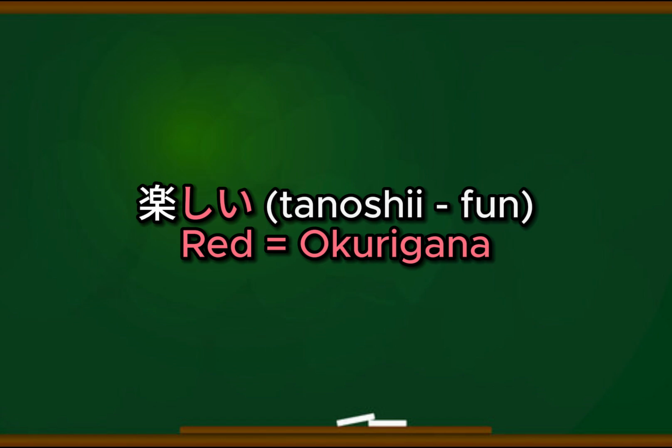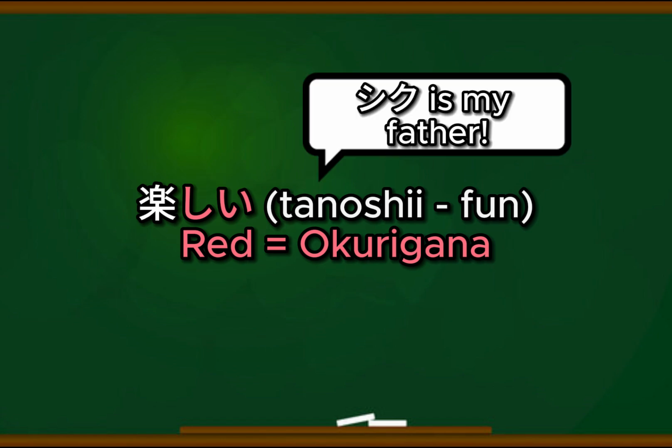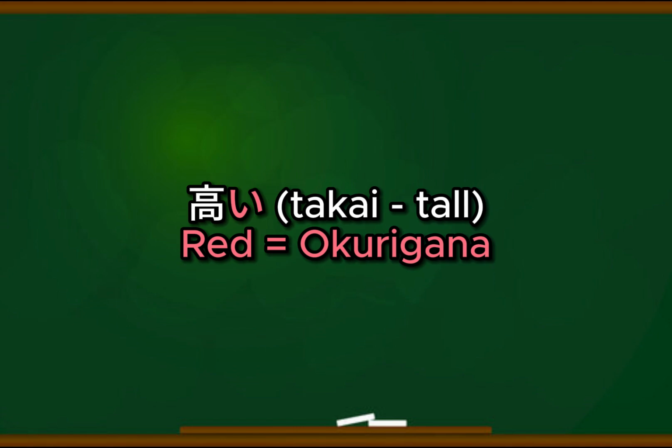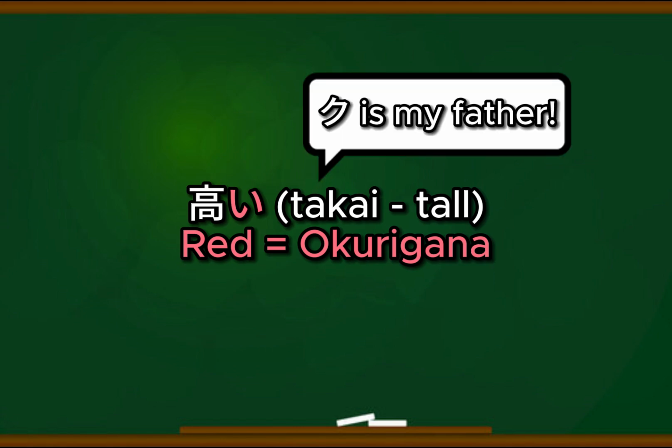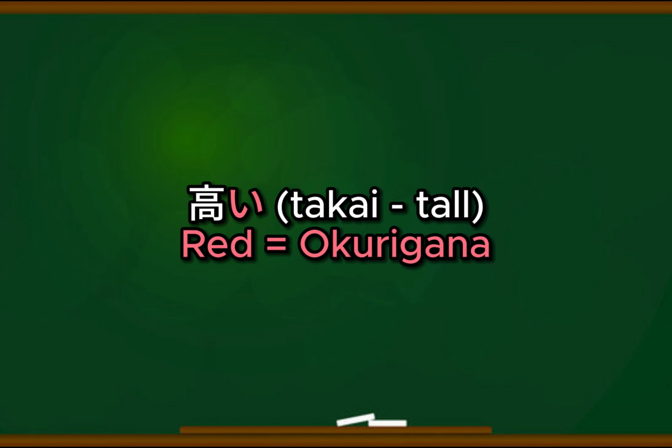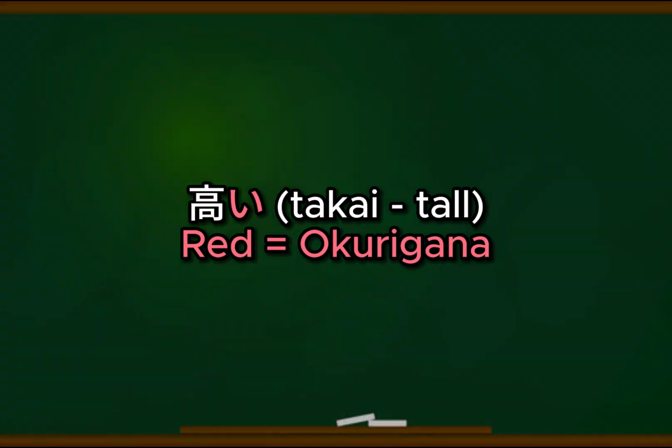If an adjective is spelt with a shi and i, such as tanoshii, then it comes from a shiku adjective historically. If the adjective is just spelt with i, it is from a ku adjective. For example, takai is a ku adjective as it has no shi.